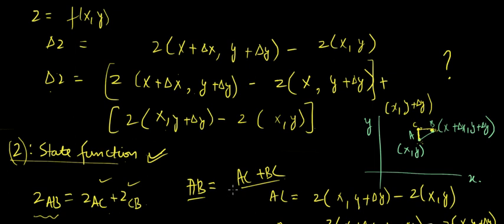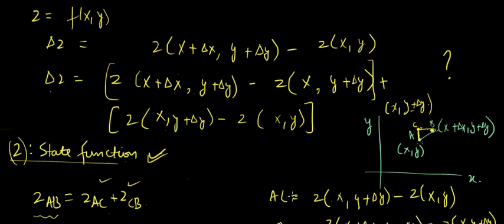So we can write that A to C can be written as z of x comma y plus delta y minus z of x comma y.